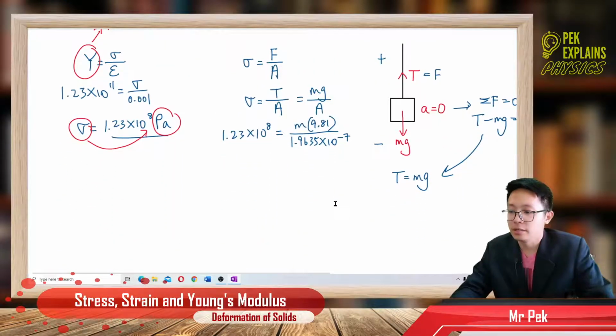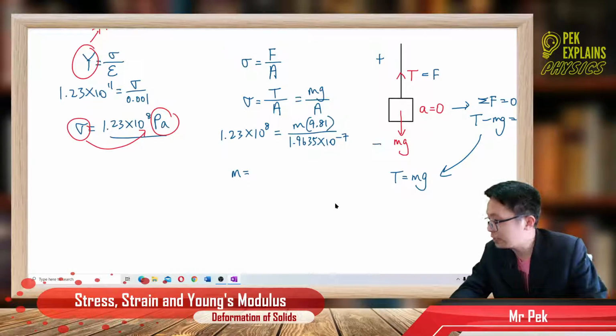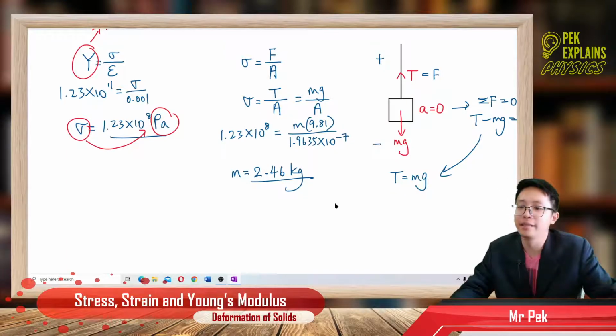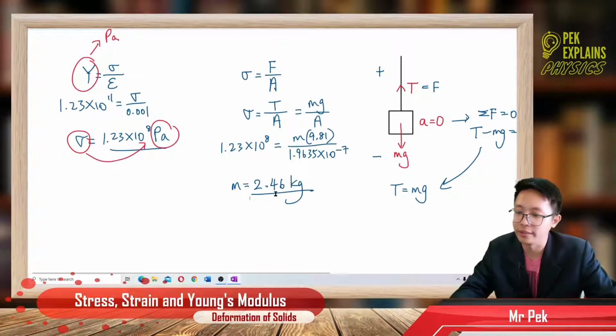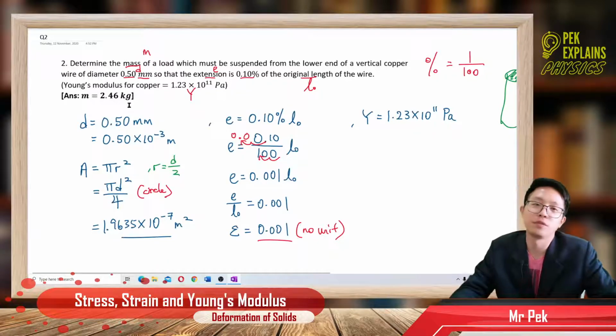All right, so I can get the mass. My mass, I finally got 2.46 kilogram. That's the mass hanging on the rod, which brings this tension and this stress on the wire. Is that correct? Yes, 2.46 kilogram.